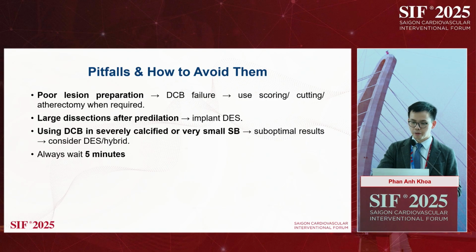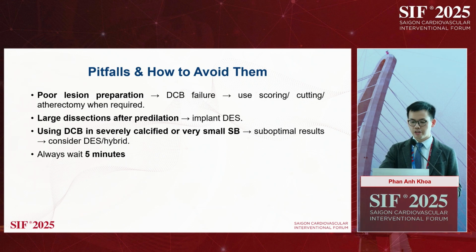And the pitfalls and how to avoid them in DCB intervention: poor lesion preparation will give us DCB failure. So we must have some tools like scoring, cutting, and atherectomy when required. After preparation, we need a suitable stent.